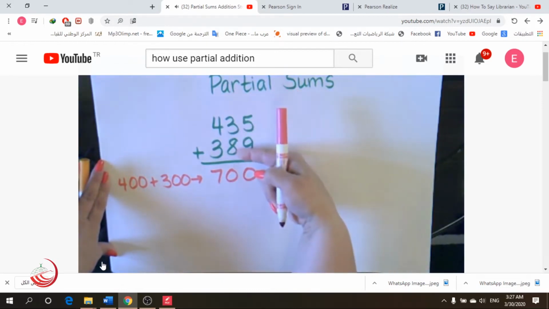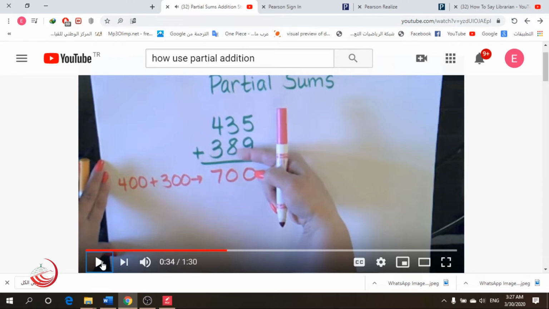So the first thing that she did here is go to the hundreds and add them together first. So 400 here plus 300 will equal 700. After that, she is going to add the tens together.